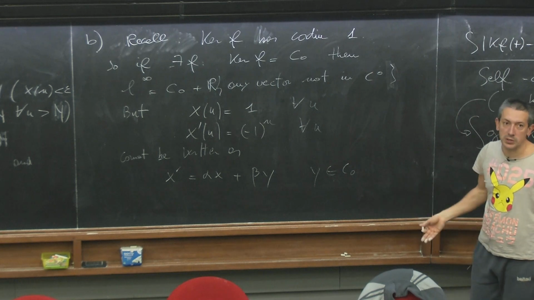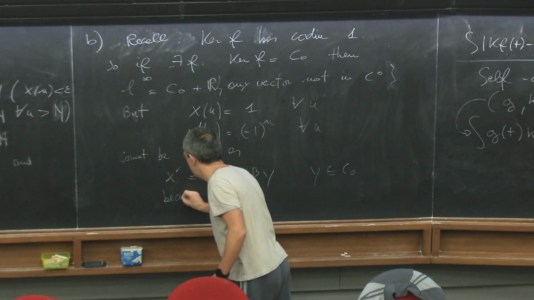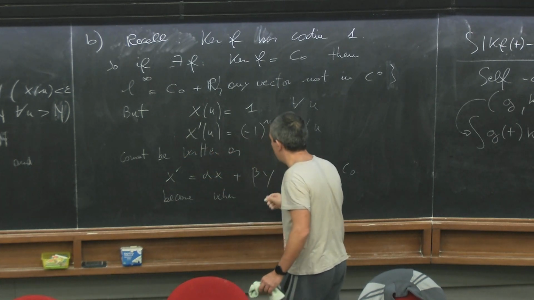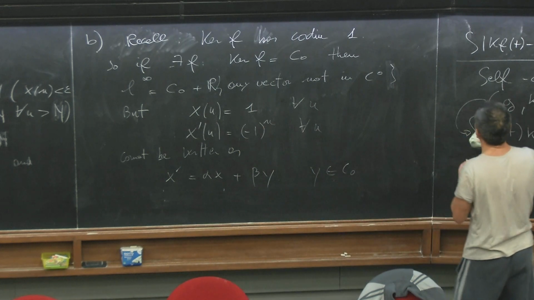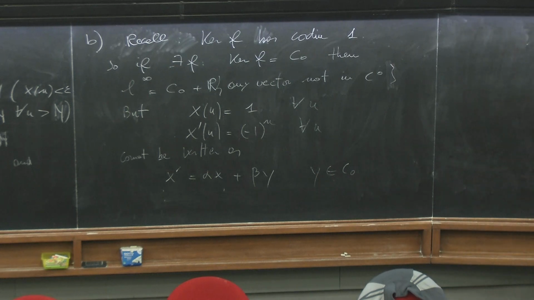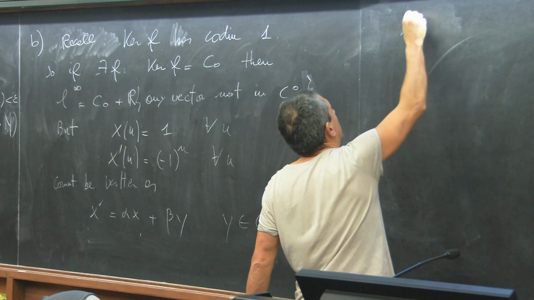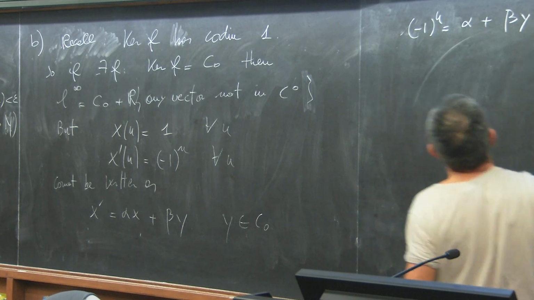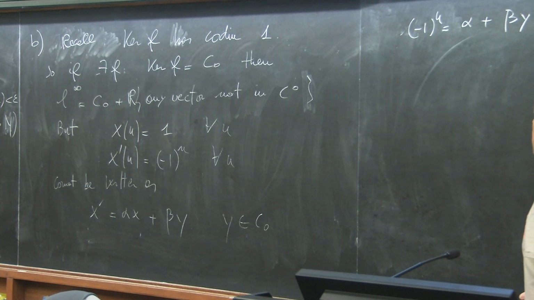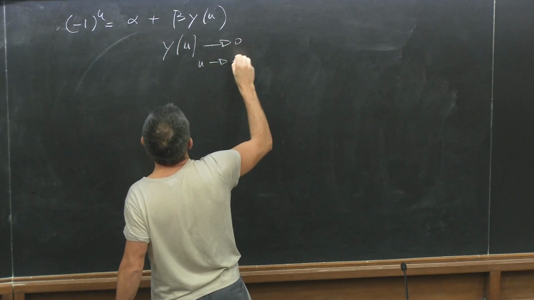This is not possible, because if it holds, then x prime, so minus 1 to the n, is equal to alpha plus beta yn, but with yn tending to 0 as n tends to infinity.